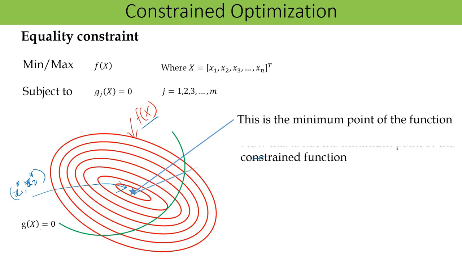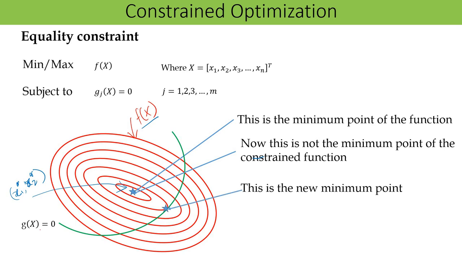So this is not the minima of the constrained problem. The new minimum may be somewhere here, which also satisfies the constraint. The earlier minimum point was here and the new minimum point is here.